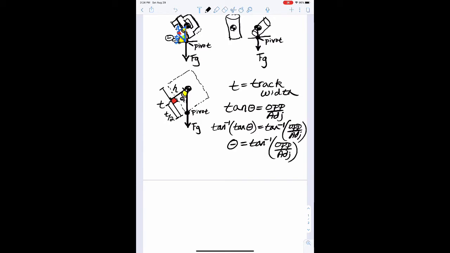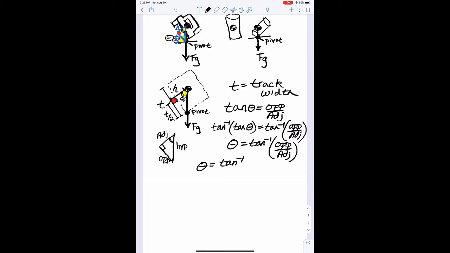And we know that by looking at this triangle right here, which I'm going to redraw, just sketch it out. This is the hypotenuse, here's my theta, this is my opposite, and this is my adjacent. So we can say that theta is equal to tan inverse of what?